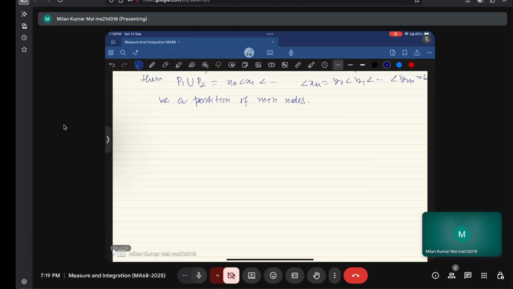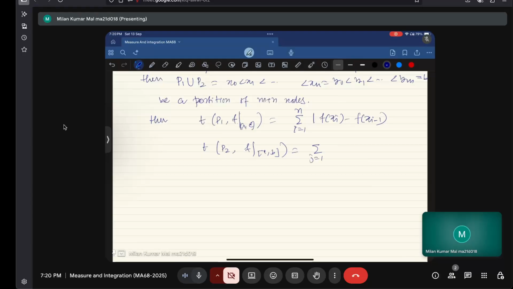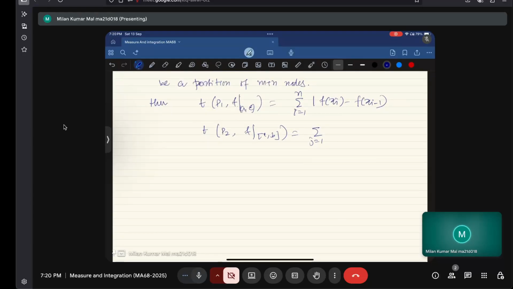Then P1 restricted to [a, c] is the summation from i = 1 to n of |f(xi) − f(xi−1)|, and P2 restricted to [c, b] is the summation from j = 1 to m of |f(yj) − f(yj−1)|.